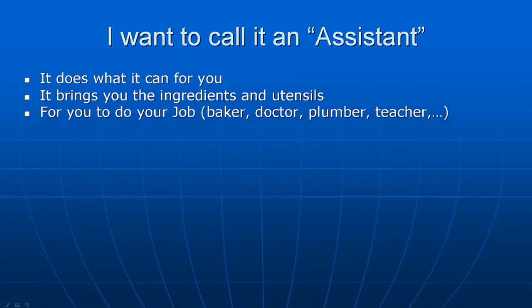If you're a baker baking a cake, the assistant would bring to you the flour and the sugar and the utensils. And if you're a doctor, the assistant, the computer, would bring you the patient records, his history, link up to the databases and to the pharmacies and everything else, and to all the equipment and scheduling.